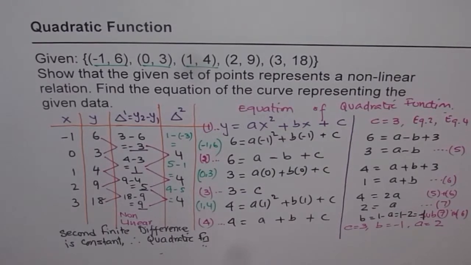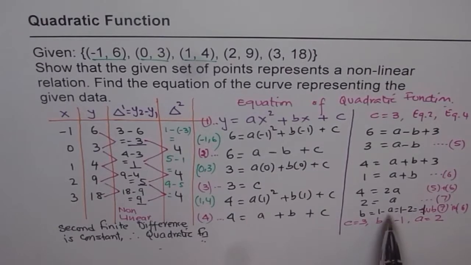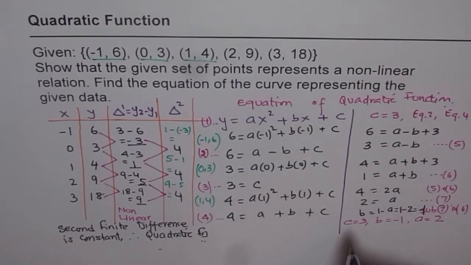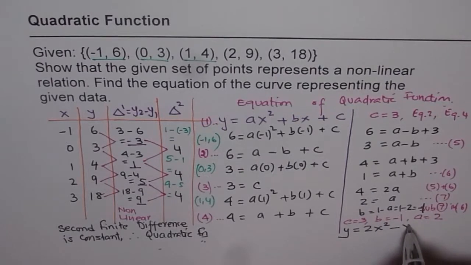Given these 3 things, we can write down our equation. So let me push the page a bit forward. So we get our equation from equation 1. So we have y equals, a as 2, so 2x squared, b is minus 1, so minus x, and c is 3, plus 3.